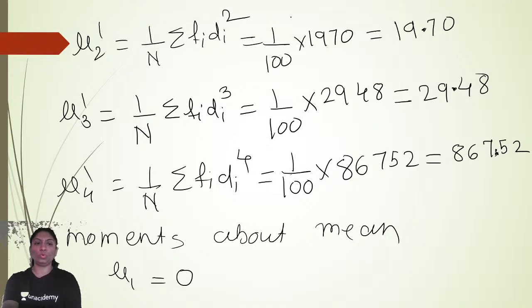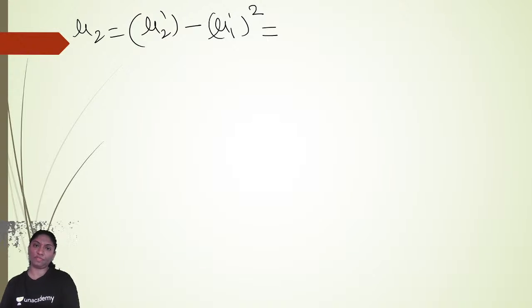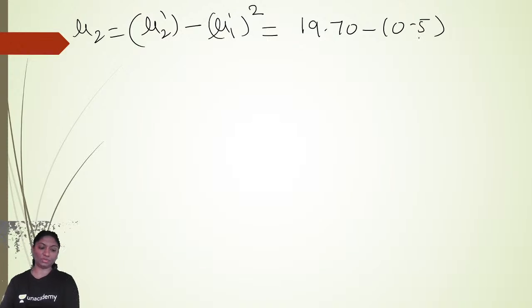So mu2 dash is 19.70 minus 0.5 square, which is equal to... so your final answer will be mu2 is equal to 19.45. You can cross verify it.